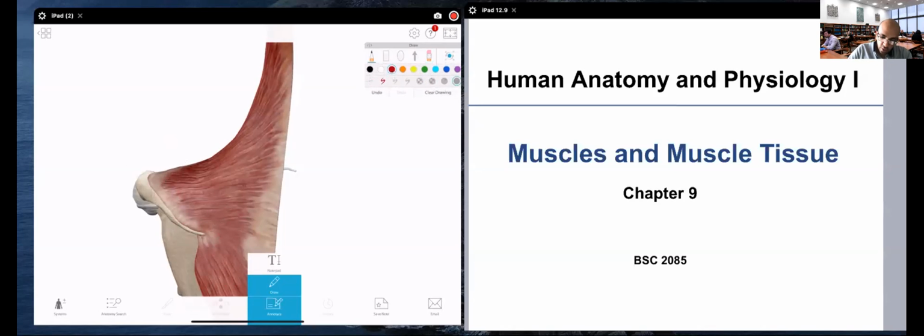What if I decided to not move the scapula? So I'm fixing the scapula and I decide to pull on the head. So the head, the external occipital protuberance, is going to be pulled backwards towards my scapula. So this allows neck extension.